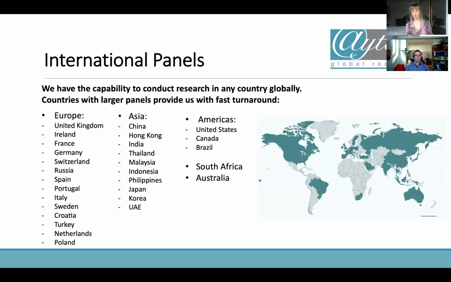So also I just want to talk about the idea of looking at these representative panels globally. If you are advertising across the globe, you don't necessarily need to test in every single country that you are selling in, but you do need to make sure you're representing it.